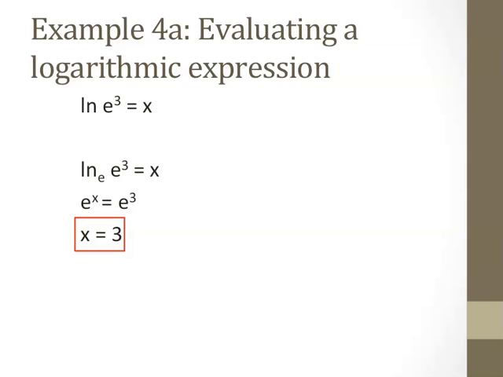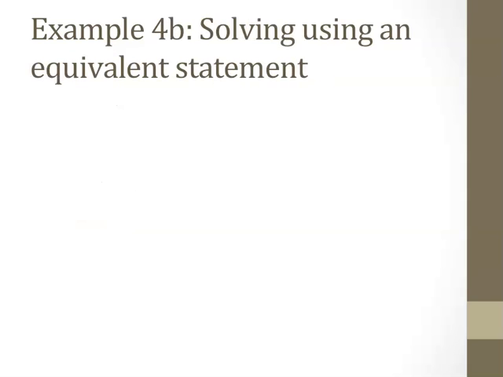All right, let's look at another example. e to the x equals 5. Okay, so how do you solve this? Well, we're going to solve it by using an equivalent statement. So we're going to, in fact, write this in the form of natural log. Why natural log and not common log? Well, because our base here is e.